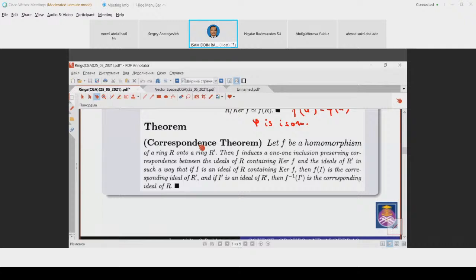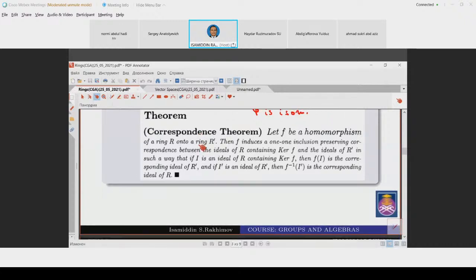So the correspondence theorem says, if you have two sets of ideals, one is the family of ideals I of R such that the kernel of F is in I, which you can denote as S_F.